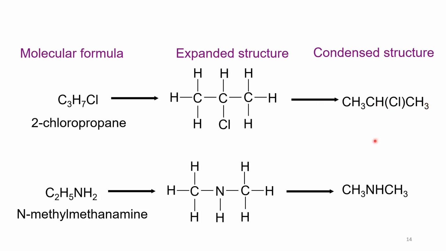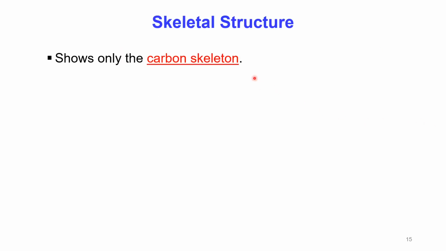Okay, so this is the condensed structure for 2-chloropropane, and the last one is N-methylamine. Alright, so from the expanded structure, now we convert into condensed. So this is CH3, and then this is NH, and this is CH3. Okay, this is the condensed structure for N-methylamine.